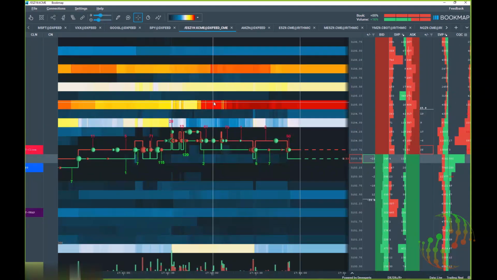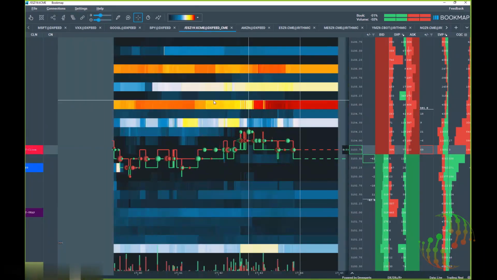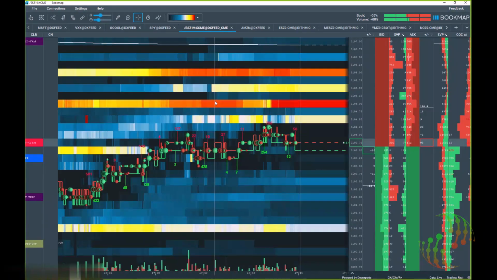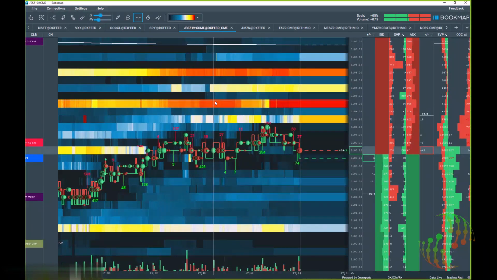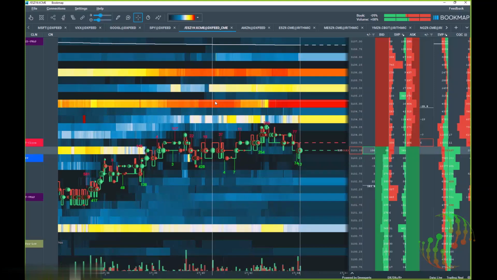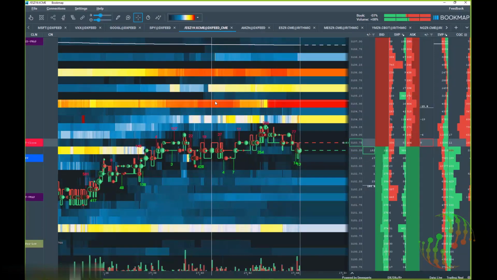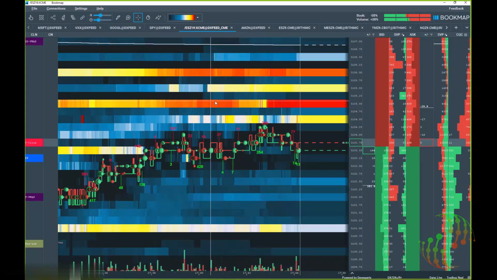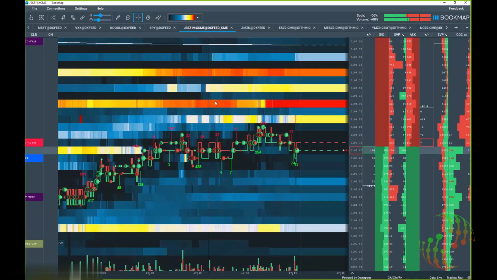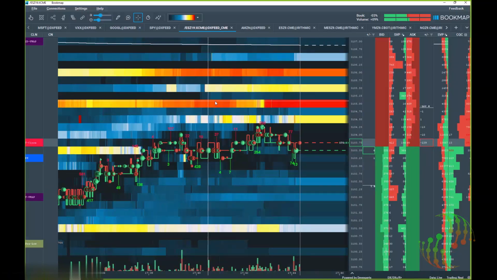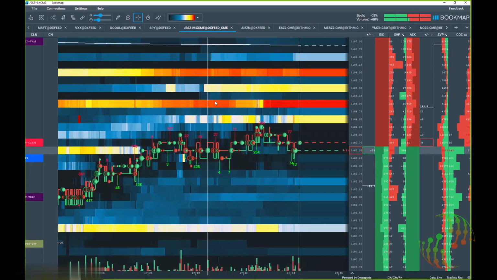It would be a great indicator, but anyway, I'm trying to show you the practical application of Bookmap trading, of limit order book trading, and I'm trying to show you how to put all these pieces together to get a holistic view of the market.